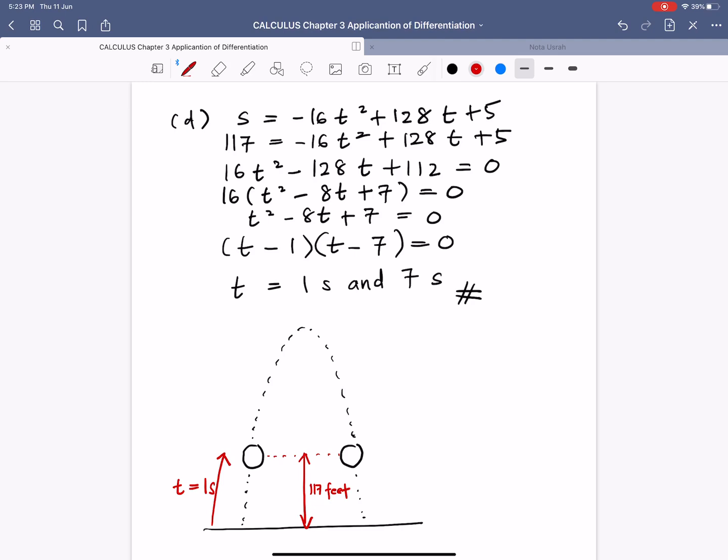Then it will go up again, reach the maximum, and then go down, and again it will reach 117 feet here. This is when t equals 7 seconds. This is why we get two answers for question D.